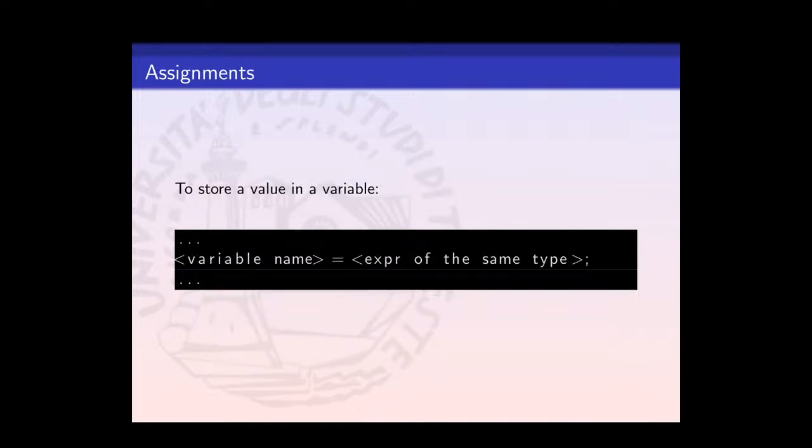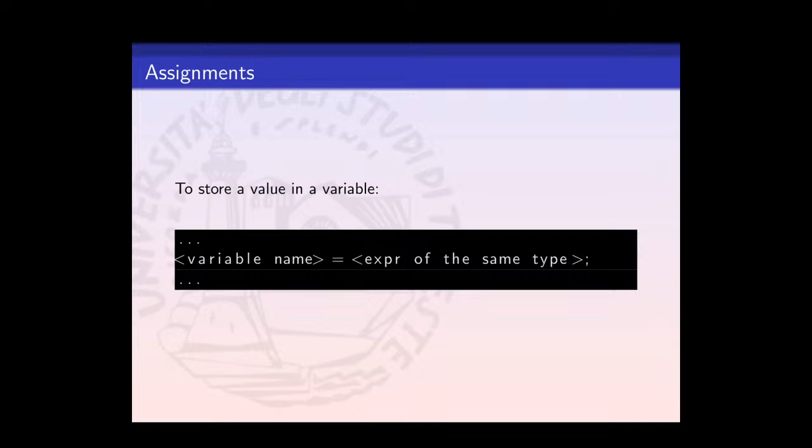So how can we store a value inside a variable? Well, to store a value inside a variable, we can use the assignment. The assignment is simply something executed by using this syntax. In this syntax, we see that we are dealing with a command, with an instruction, better.